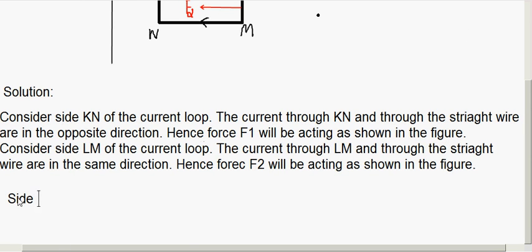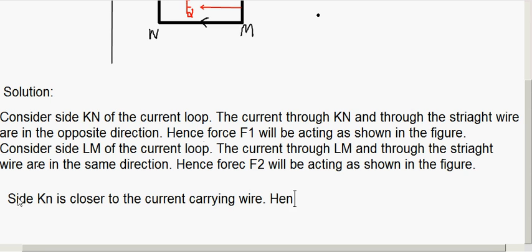Side KN is closer to the current carrying wire. Hence F1 is greater than F2, because if two parallel currents are nearer, the force will be more. In the equation, the force is proportional to 1 by r, or inversely proportional to r, the distance between the current carrying wires.